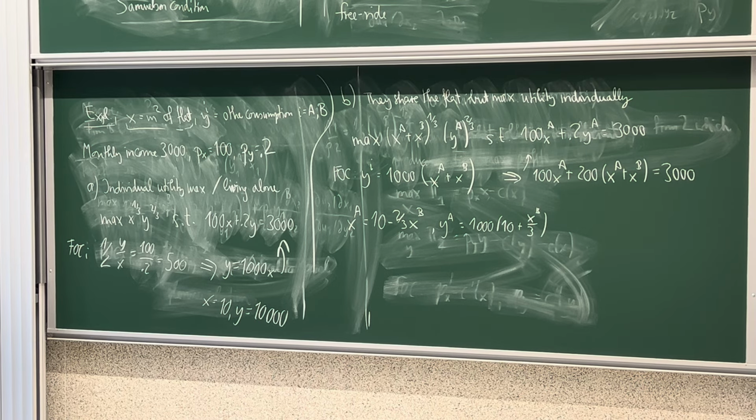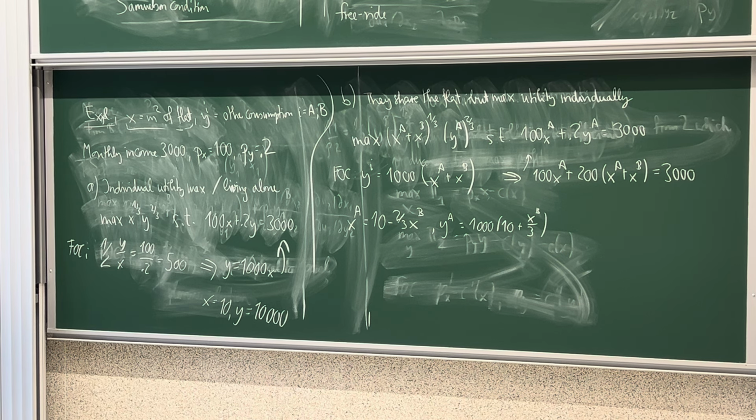Maximize x 1/3, because now x is not anymore chosen by the consumer, so the social planner chooses X for both of them, and the private consumption goods, YA and YB, subject to the budget constraint, which is 100x plus 2 YA plus YB equal to 6,000, because now the social planner has the entire amount of money of the two consumers.